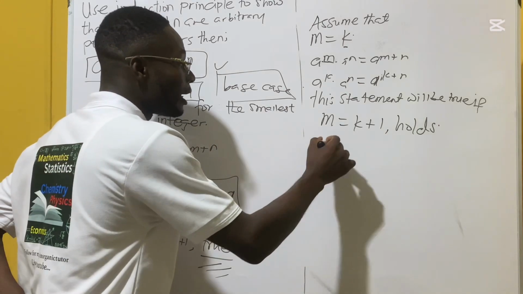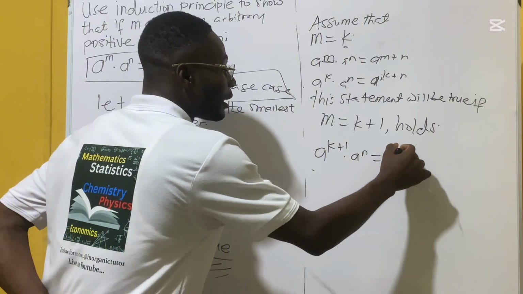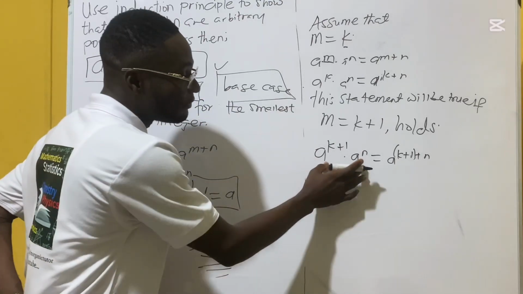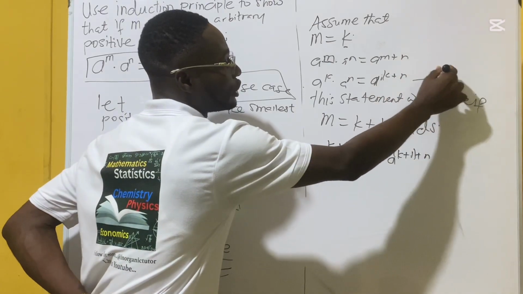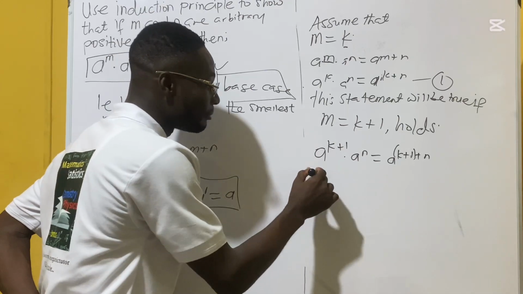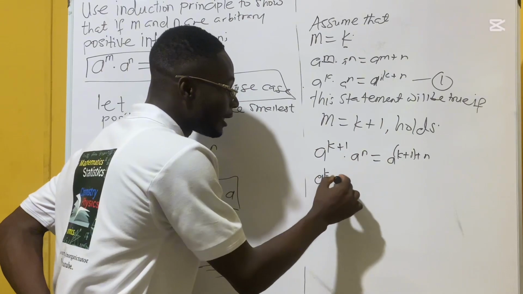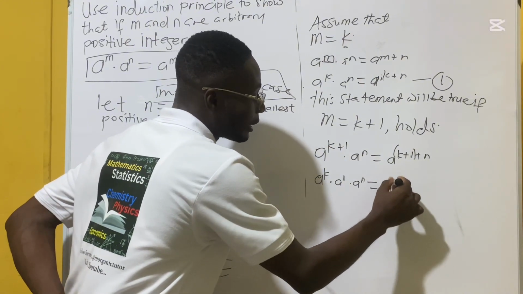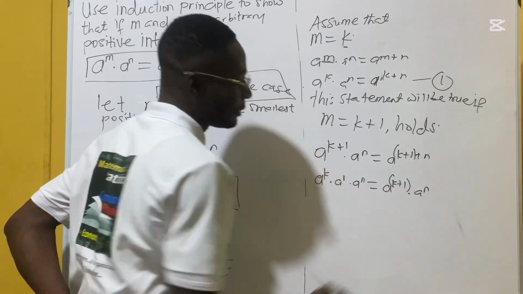So we're going to have a^(k+1) times a^n is equal to a^(k+1+n). Let's name this equation 1. This means that a^(k+1) can be written as a^k times a^1, times a^n, is equal to a^(k+1) times a^n.